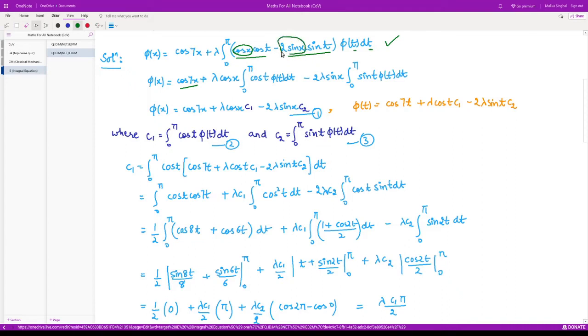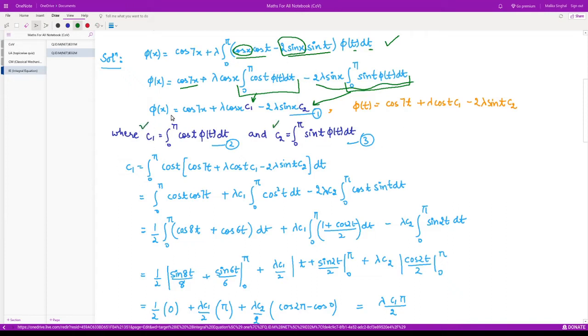These are constants, that means they are not depending on t, so we can take these out from the integral sign. So now this integral term I can call c1, and this term I can call c2, right? So these are my c1 and c2.